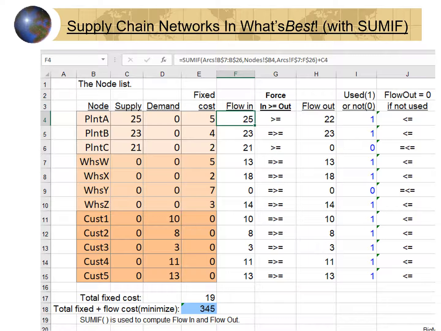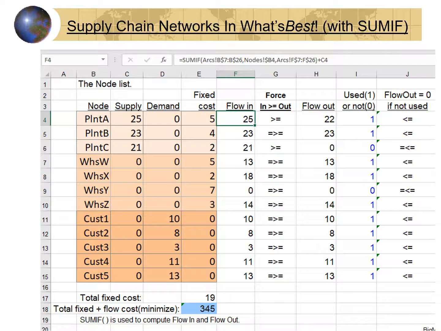Now let's look at a little bit of what's going on here in cell F4. That's the flow into a node. This is where we use the SUMIF function to calculate the flow into the node, and the flow in is simply the source that's there for plant A. But if you look in general up at the very top line, you can see the way the SUMIF works.